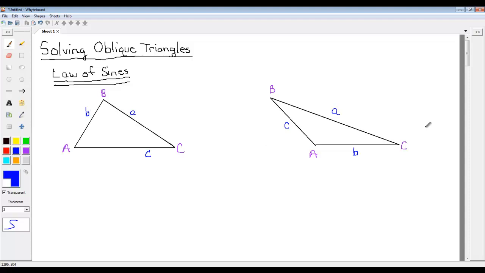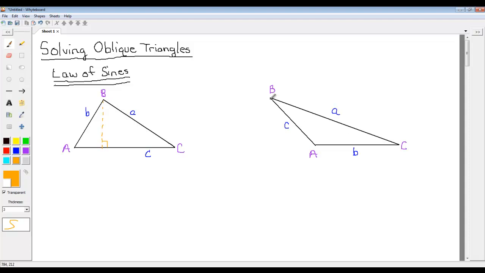In either case, we're going to draw a perpendicular from vertex B straight down towards side AC. What that means is it's going to make a right angle there. It's going to start at point B and then make a right angle at side AC.